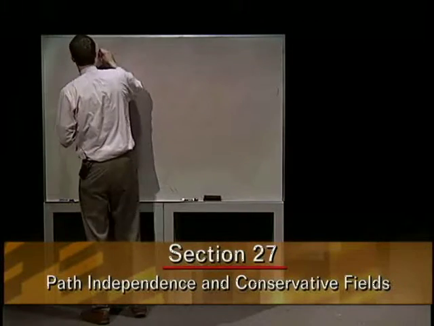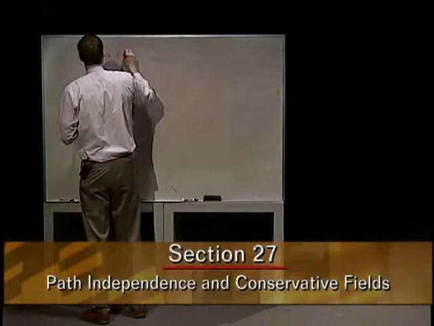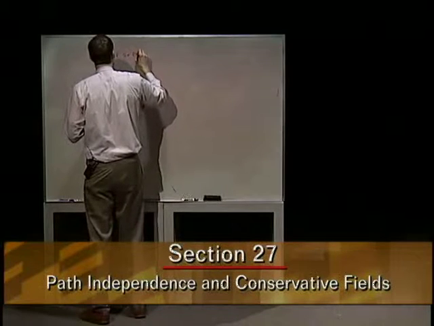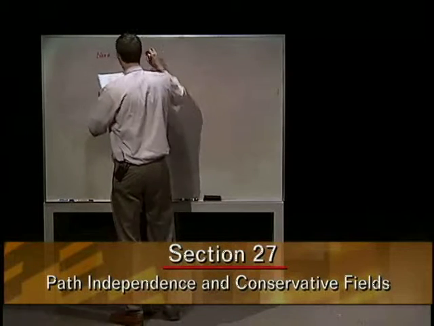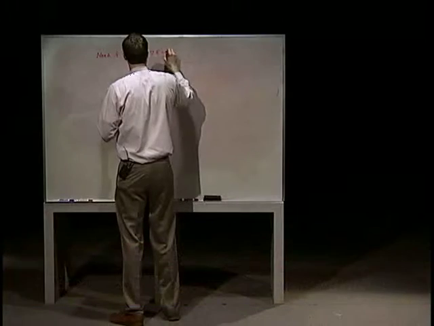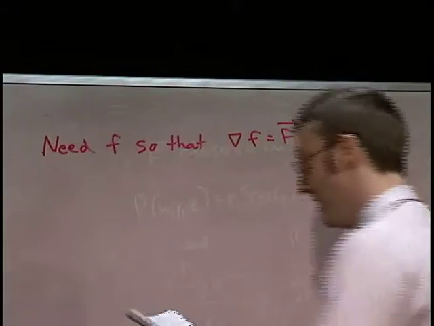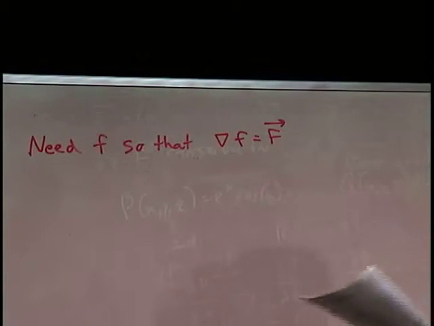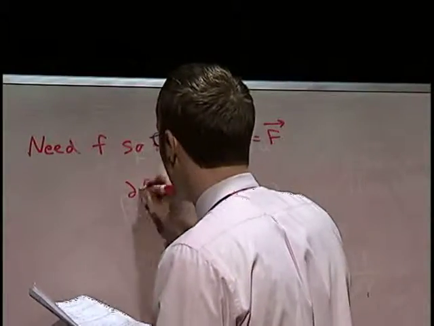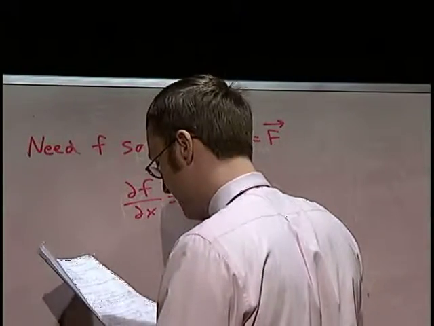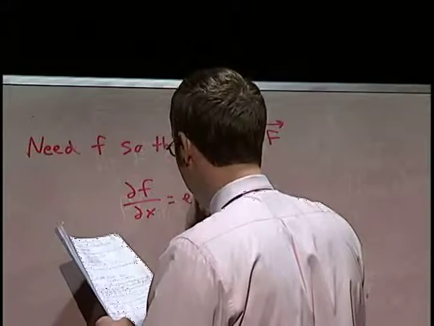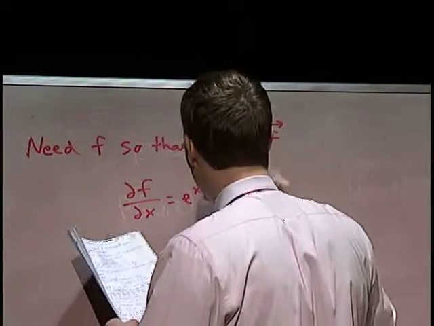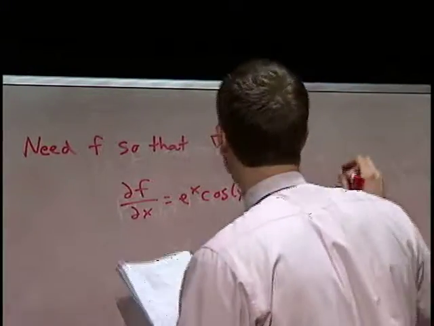So we need f so that delta f is equal to capital F there. So we've got to have partial f partial x equal to e to the x cosine y plus yz.